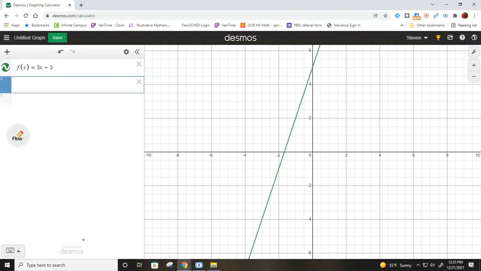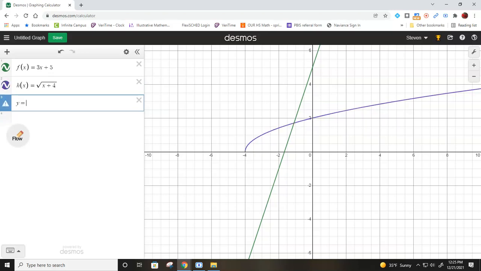And you can see the domain is all real numbers, and the range is all real numbers. If we go to h of x equals the square root of x plus 4, here again, x only has to be greater than or equal to negative 4.